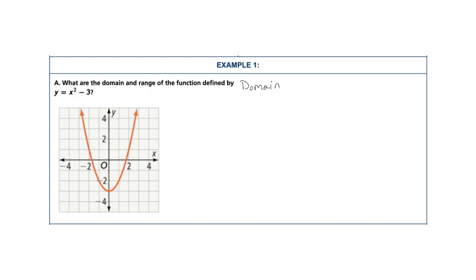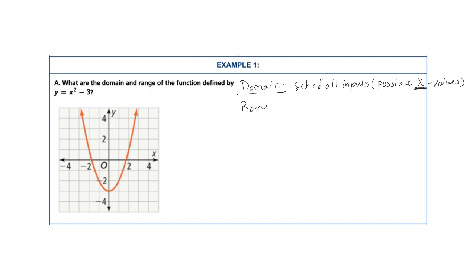Our domain, if you can remember, is the set of all inputs. Inputs are the possible x values. So any x value on the graph represents the domain.